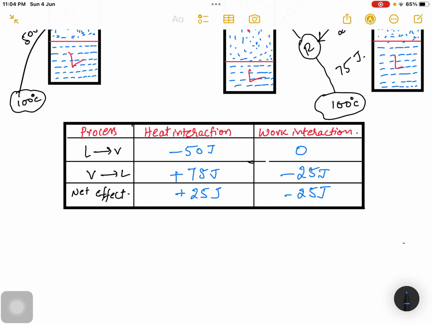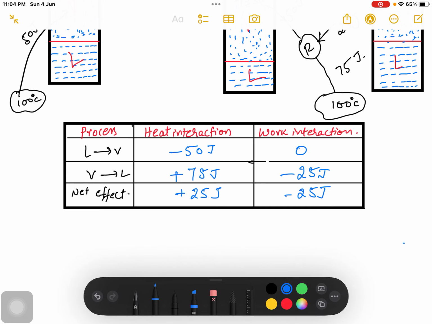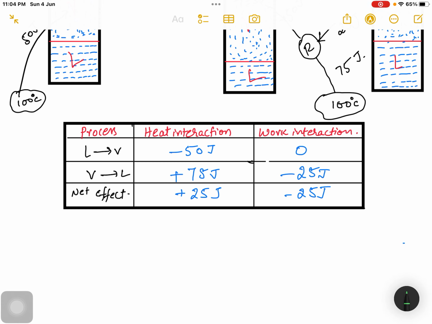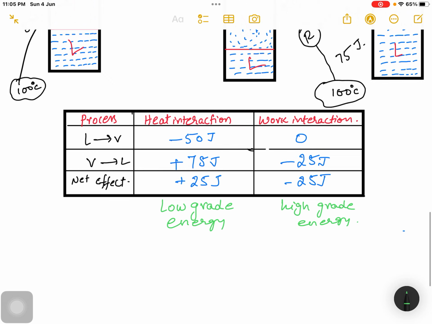Here, now you can understand the difference: the heat interaction is a low grade energy, and the work interaction is a high grade energy.